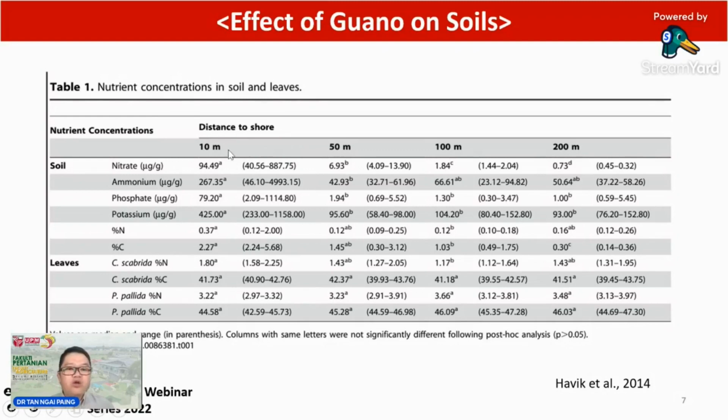You can look at what it says here, the distance to shore. The concentration of NPK is much higher close to the shore compared to further from the shore. So this shows that the guano actually fertilizes the area next to the shore, in terms of the concentration of plant nutrients.